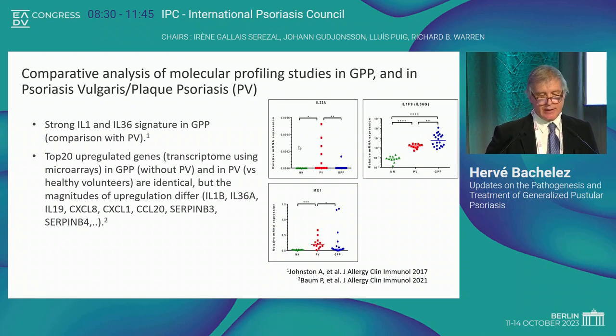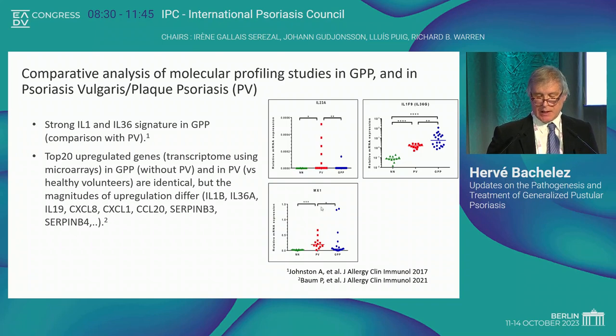You can see that in the lesional skin of patients with GPP versus PV versus healthy skin from healthy individuals, yes, the IL-36 transcriptomic signature is stronger at the population level, but there are some patients who are really at the same level. And what is also interesting, the IL-23, unsurprisingly, is higher for the mRNA expression in psoriasis vulgaris, although there is a large variance inter-individuals.